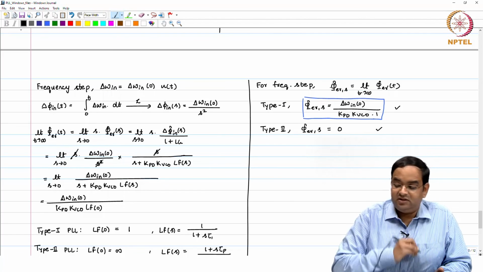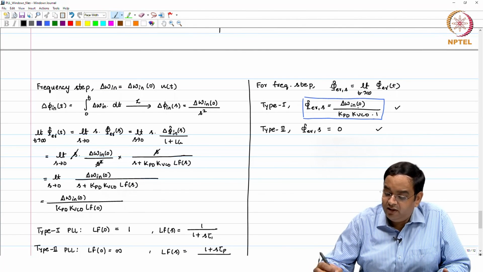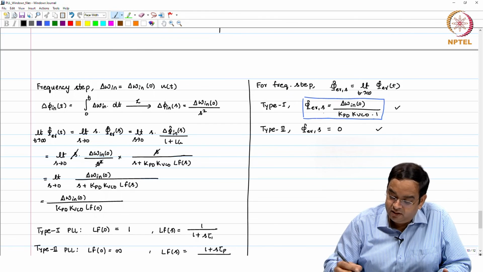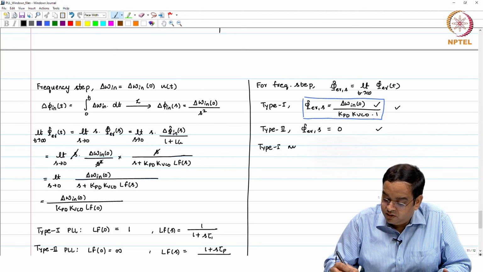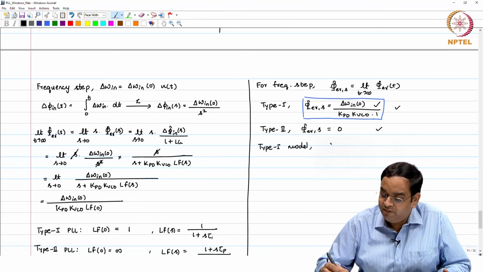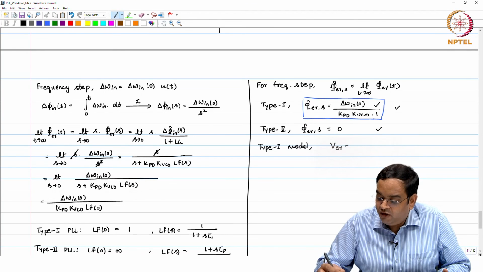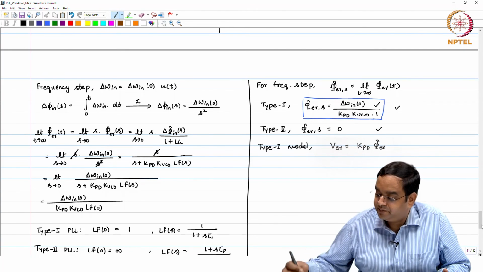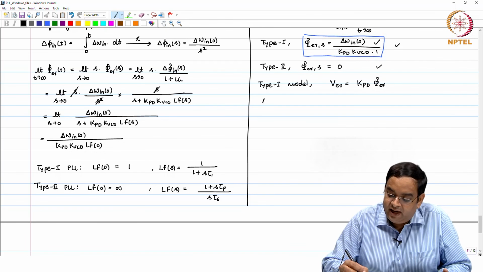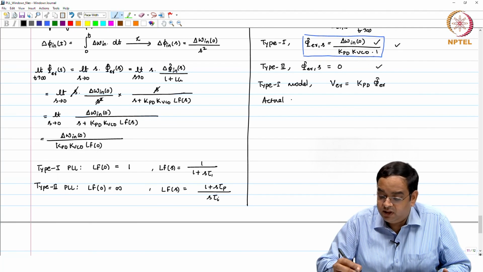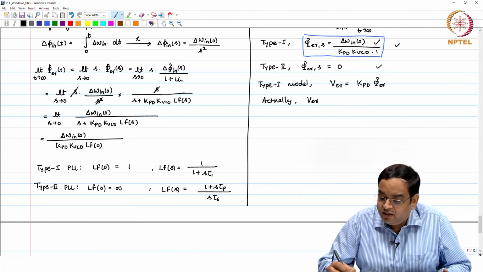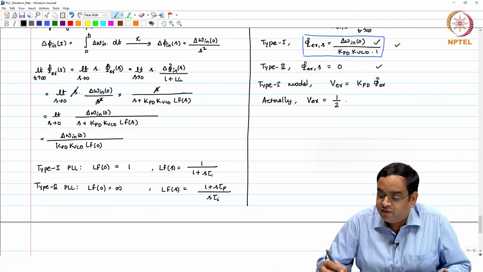So, why is this important? Well, we have seen earlier that in the model for type 1 which we are using, V error is kPd times phase error. Okay. But actually if you remember, V error is equal to half of sine times the phase error.